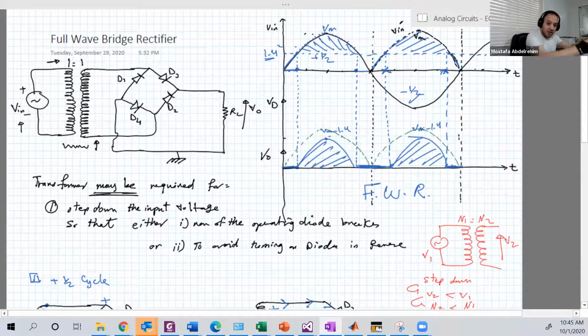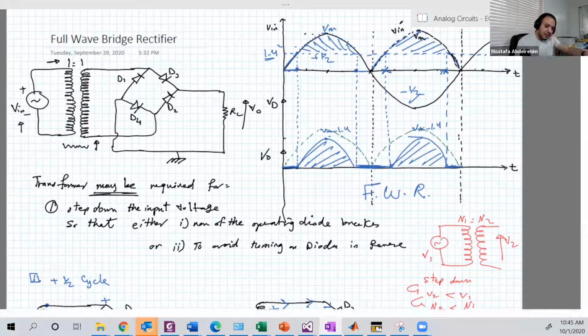So the positive passes perfectly, and the negative is flipped, but perfectly. I mean, -1 will be +1, -2 will be +2, minus Vmax will be positive Vmax. Okay, that's very nice.